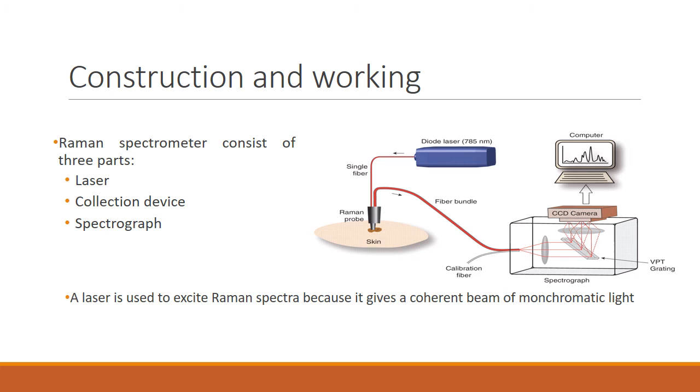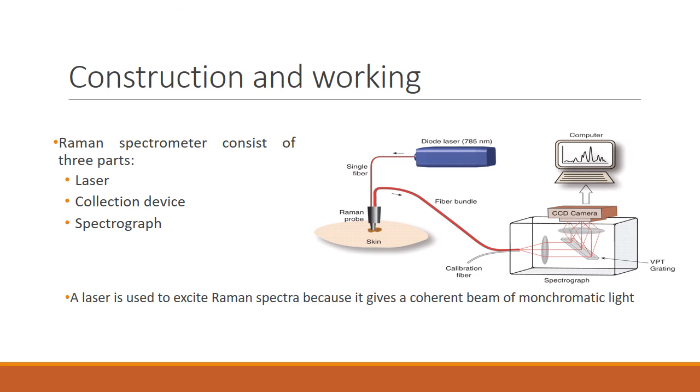The first element is the laser, which is used to excite the Raman spectrum. You will have monochromatic light incident on the specimen that you take into consideration, and the specialty is that high intensity electromagnetic waves will be given. The intensity must be sufficient to produce a useful amount of Raman scattering, because the intensity of Raman scattering is comparatively less than Rayleigh scattering.